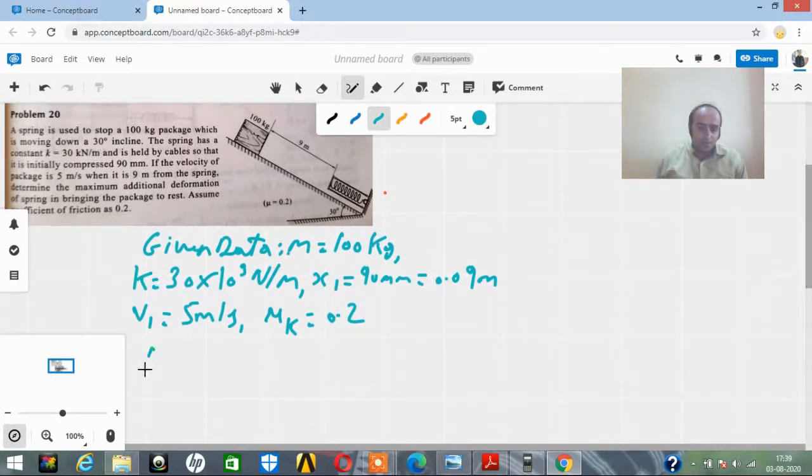Now what are we supposed to find? Friends, we are supposed to find the maximum additional deformation, that is x.